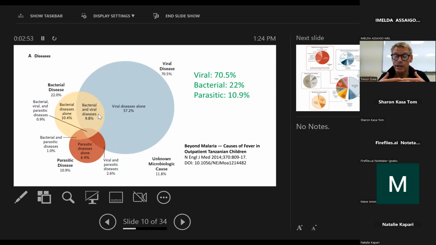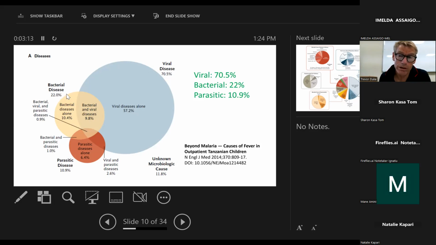Usually, the child's had a viral upper respiratory tract infection, then they get colonized with pneumococcus or Haemophilus, then they aspirate that pneumococcus or Haemophilus, it goes into the lungs and they get a secondary bacterial infection. That's the common mechanism.